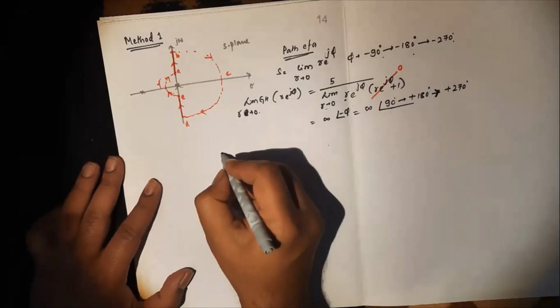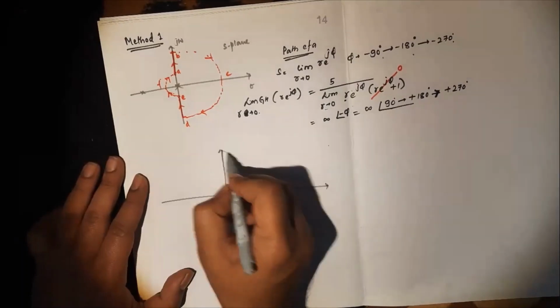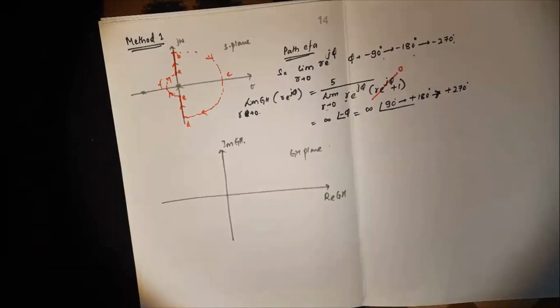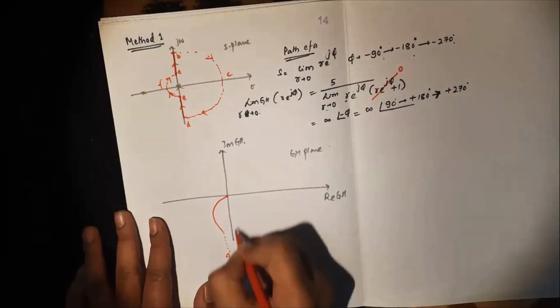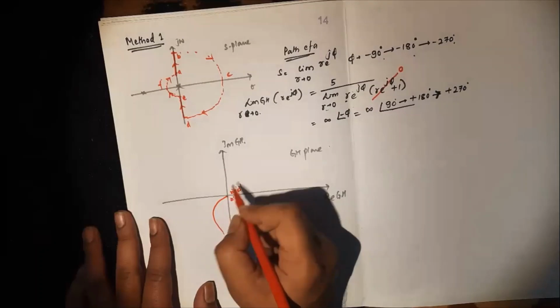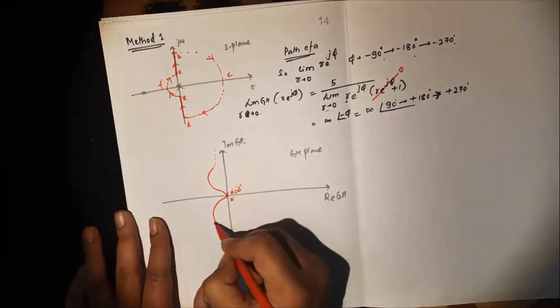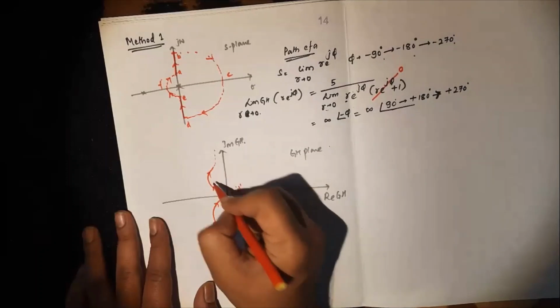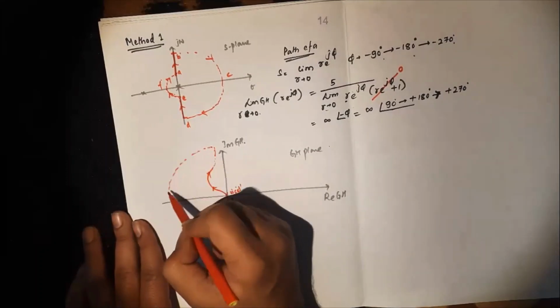So let me show you by drawing the GH plane. So path A dash and B dash are the same. B dash, C dash, D dash are the same. That is BCD. Then D is also the same, which is the mirror image of AB. That is also the same. But what is E of A, it comes in the other way now.